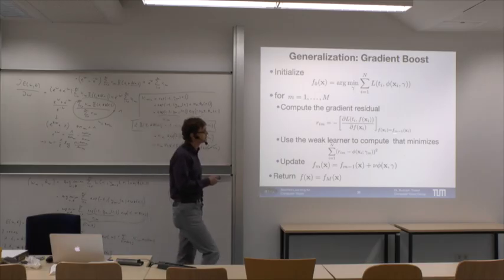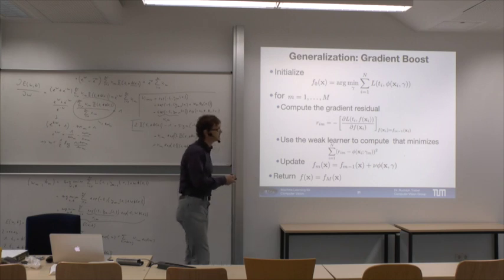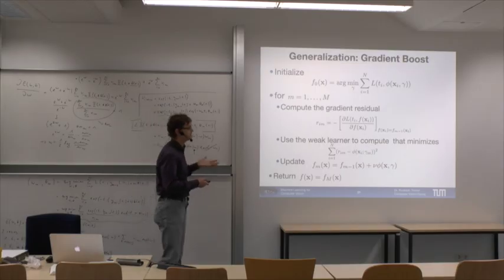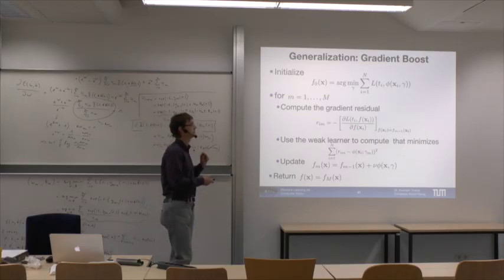In every training round, you only have the weak classifier from the previous round. So you evaluate using your weak classifier from the previous training round, f_(m-1), the one you have in this round. You plug this in here and compute this gradient.